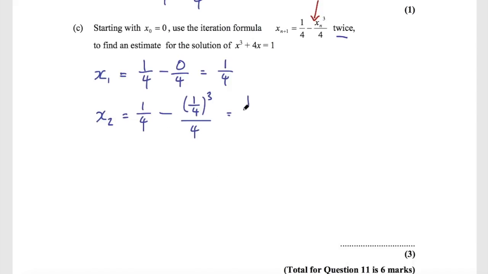Okay, so now we've got a quarter minus 1 cubed is 1 and 4 cubed is 64. So this top line becomes 1 on 64 divided by 4. And if you divide something by 4, it's the same as multiplying by a quarter. So this is going to be a quarter minus 1 on 64 times a quarter.